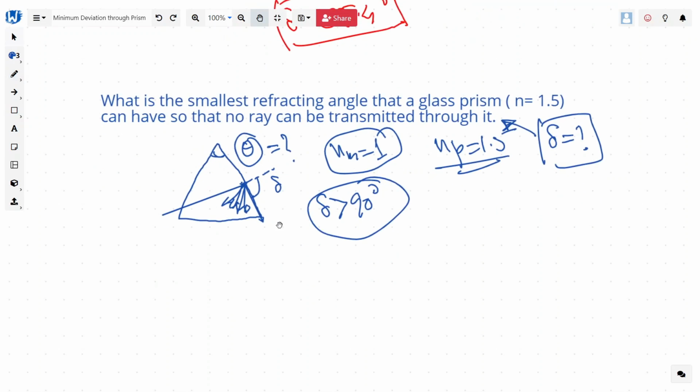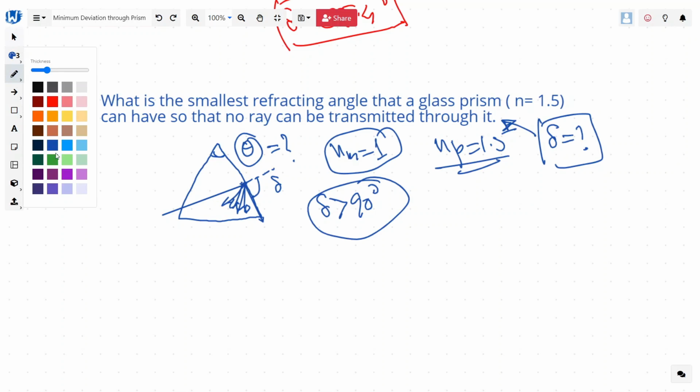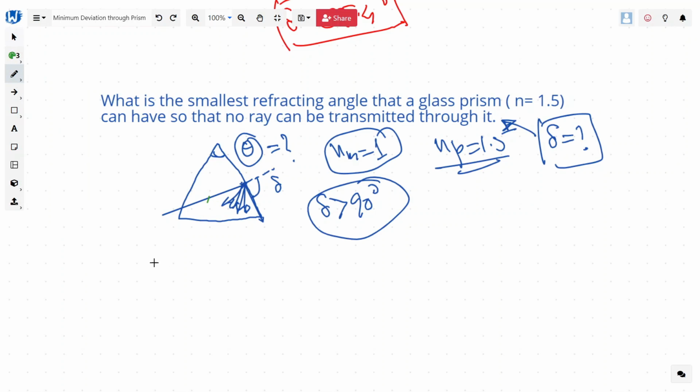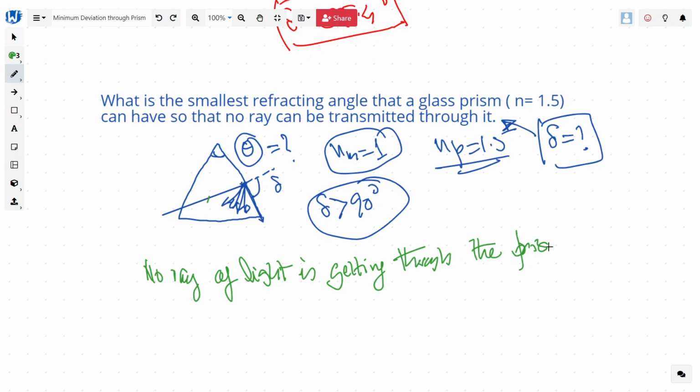We can say that in the case where no ray of light is getting through the prism, the ray of light was coming like this initially and then possibly bends inside, hence this delta is greater than 90 degrees, and this is the critical angle, right?